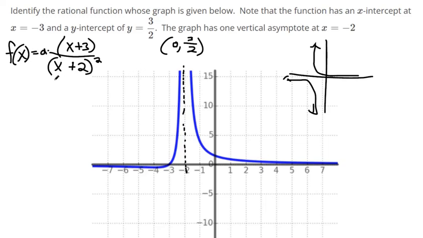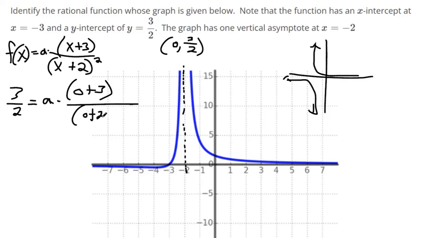Okay, so a should be the last thing you solve for. You plug 3/2 in for f of x, and then you're going to plug in 0 for x. And then if we simplify the right side, that's 3 in the numerator and 4 in the denominator, so we can multiply both sides by 4/3.